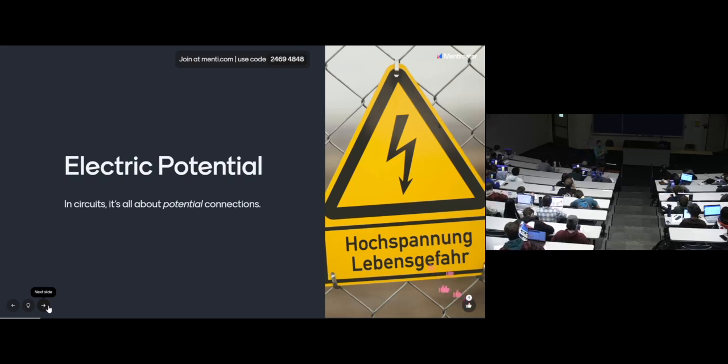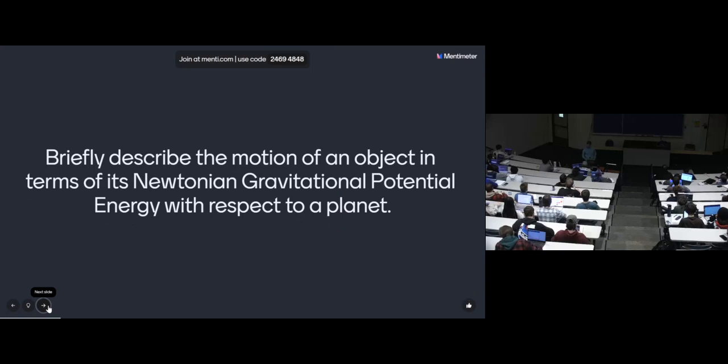The question that we have to consider before we can even talk about electric potential is, you all took Phys 1. We're going to build this whole discourse on electric potential based off of potential energy, right? So someone tell me really quickly, how would you describe how an object moves subject to something from last semester, gravitational potential energy?